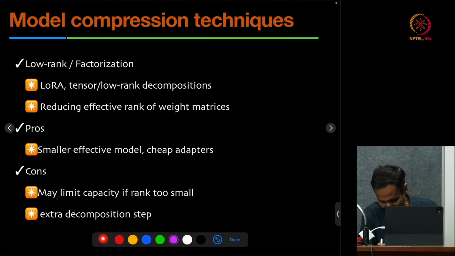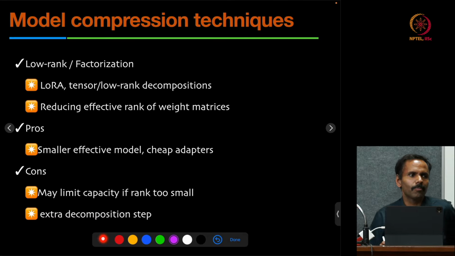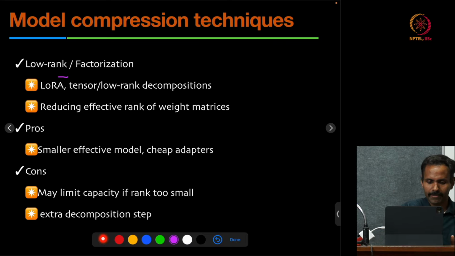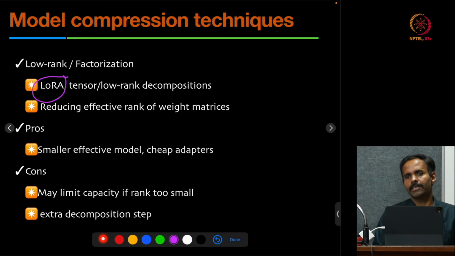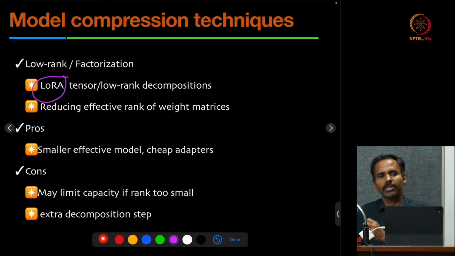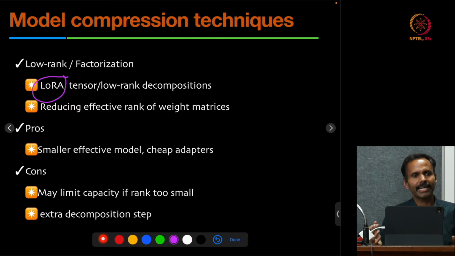So then the two techniques that have had a lot more success in this direction, one is very connected to our discussions on LoRA. LoRA we talked about in terms of model adaptation. You can also use it for model compression, meaning every weight matrix that you have, you can approximate it with a low rank representation, which means that now I have to store and compute only through the low rank matrices.